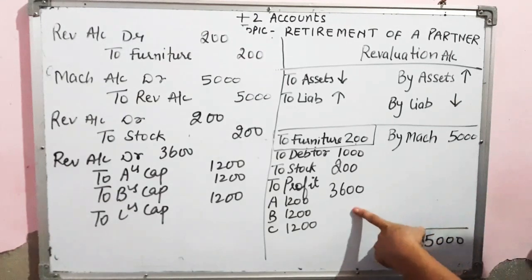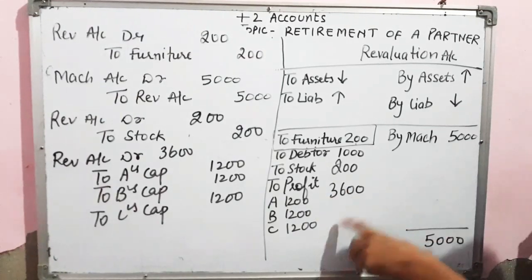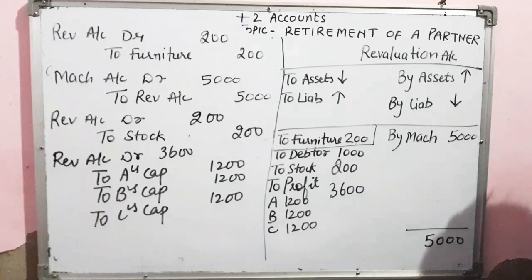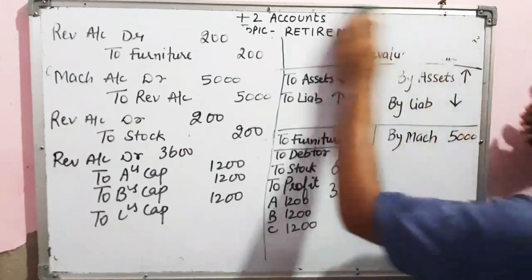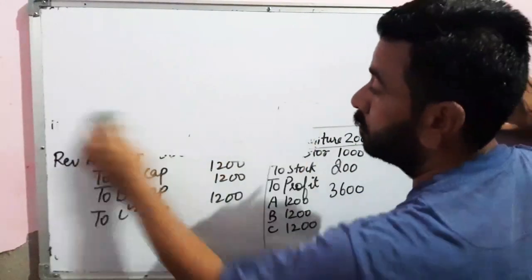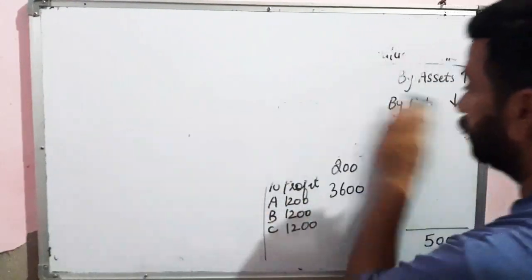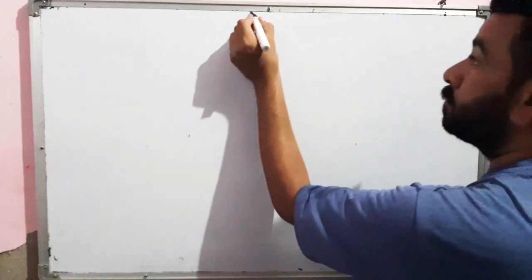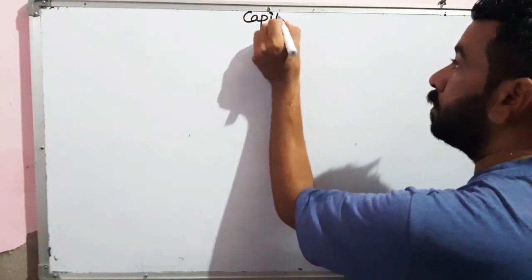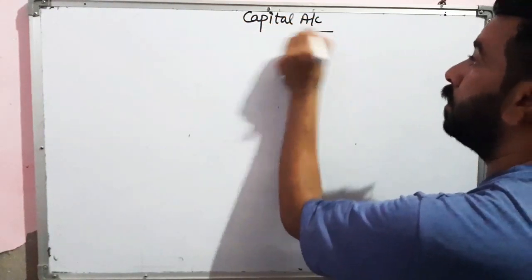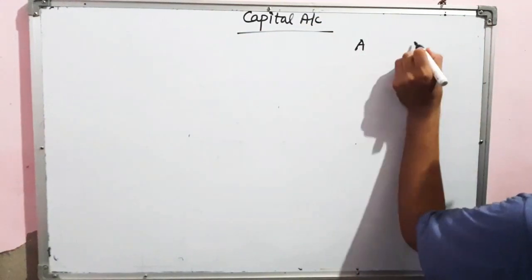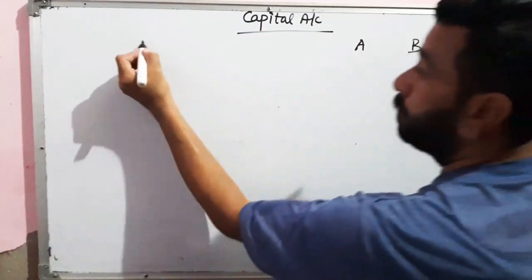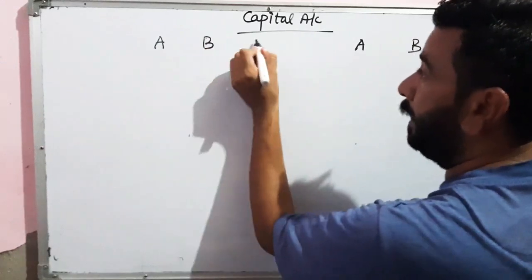You must remember that the profit is 1,200 each, because these profits will be moved to the capital account of the partners. Now we will make the capital account. So the partners are A, B and C.